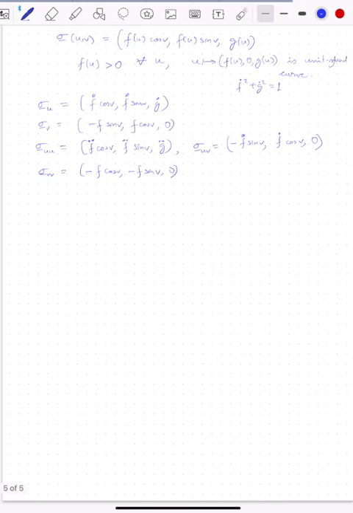Now we also determine the normal vector, which is sigma u cross sigma v divided by the norm of the cross product.